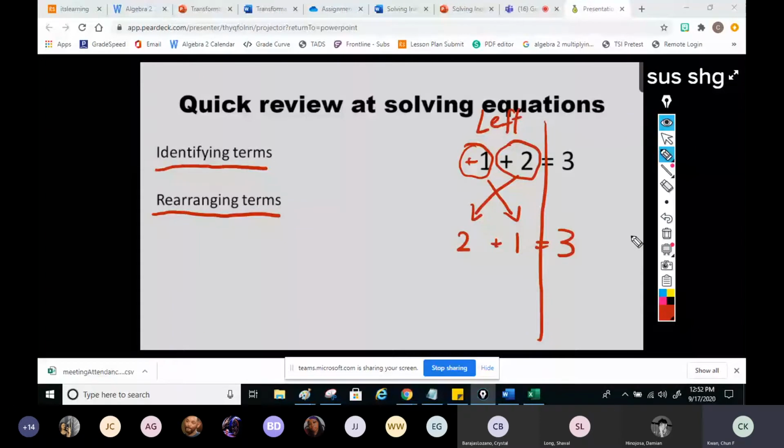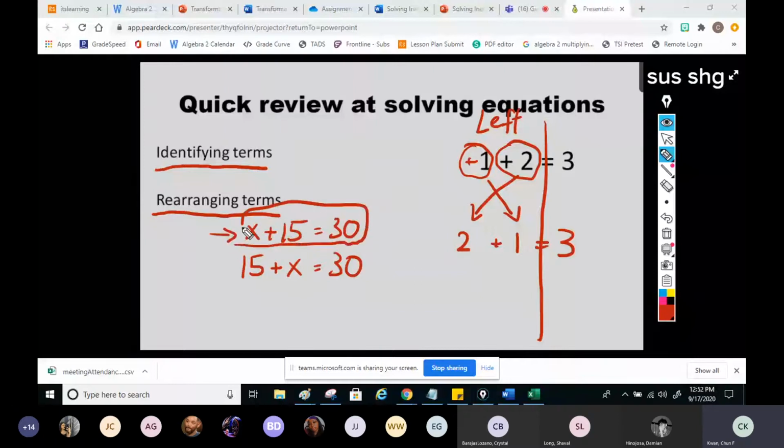All right. The reason I want to mention this is because some of you guys get stuck when you're trying to solve something like this, when the variable is not in the front. A lot of you guys have no problem solving this.